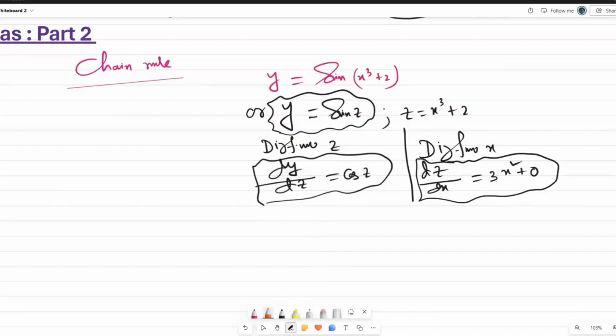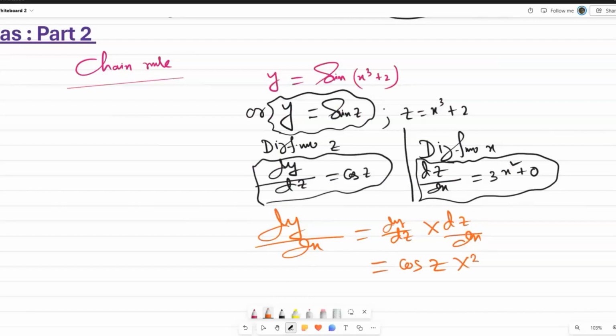The chain rule states that dy by dx in the problem will be dy by dz multiplied by dz by dx, as if dz and dz are getting cancelled, and dy by dx is remaining. What is dy by dz? Just substitute. It is cos z. What is dz by dx? It is 3x squared.